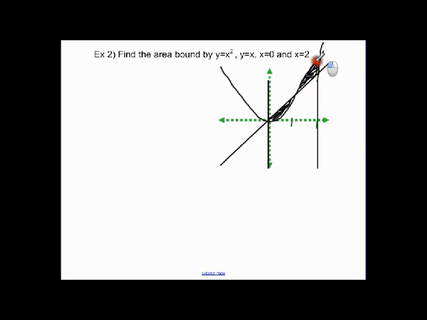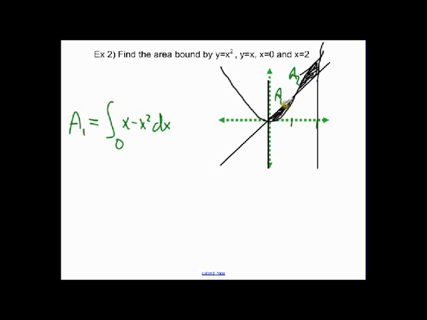So let's do the same thing again. Let's call this area 1, and let's call this area 2. Let's do area 1 first. That's the integral, and the top function is x, and the bottom function is x squared. We're going to start at 0, but where are we going to end?